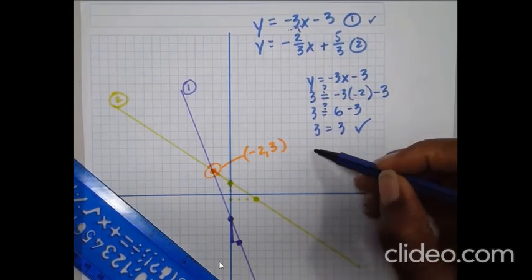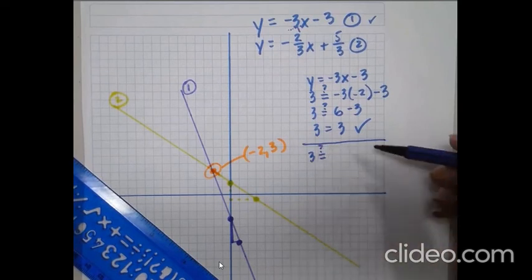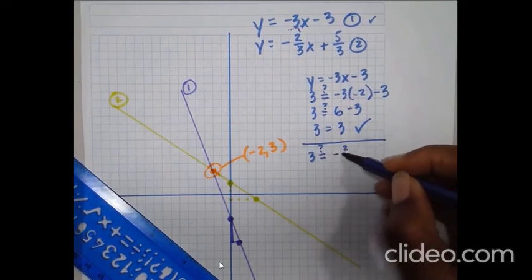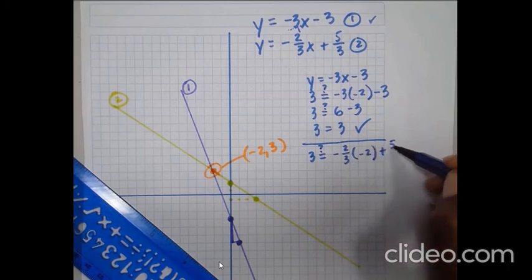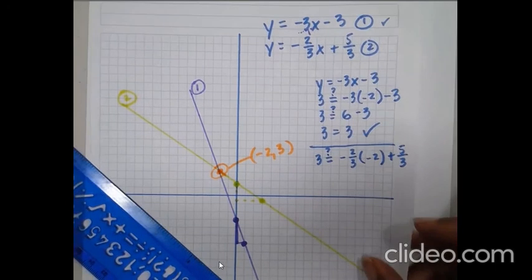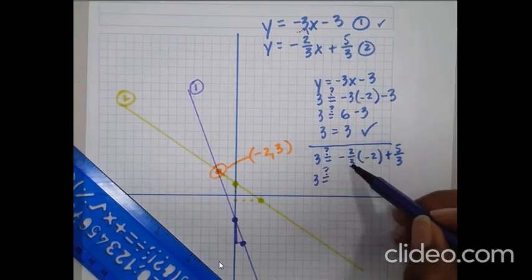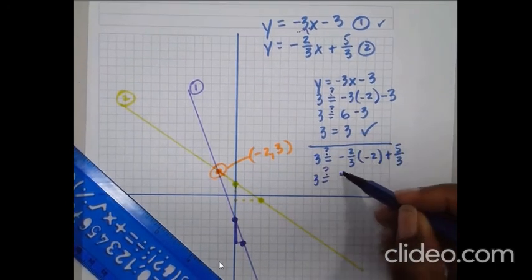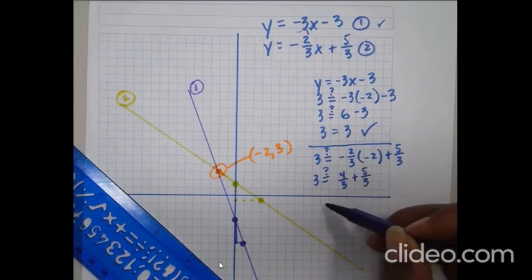Looking at the next one, does 3 equal negative 2/3 times negative 2 plus 5 over 3? Well, does 3 equal negative 2/3 times 2 is positive 4/3 plus 5/3?